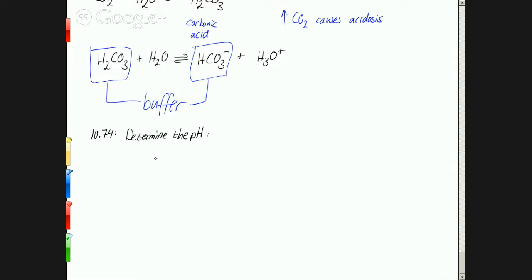Let's do B. Then it says determine if these are acidic or basic.